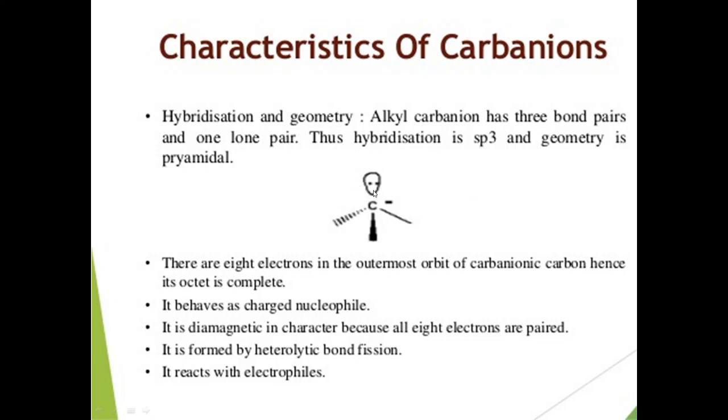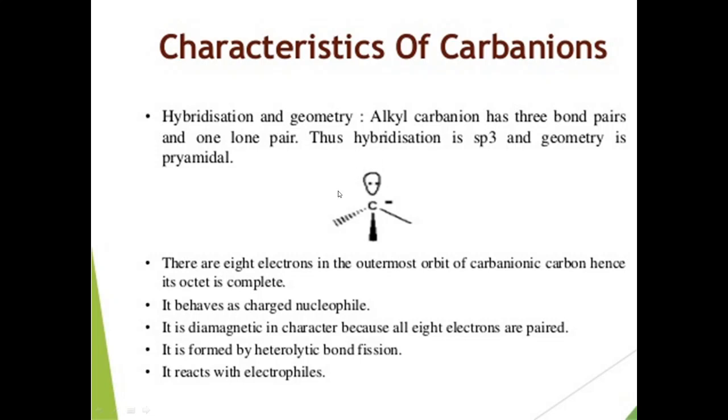Because of this unshared pair of electrons, it bears a negative charge and hence it behaves as a nucleophile. As we know, all these electrons are paired, not unpaired. This unshared pair of electrons is a paired electron and the bonded electrons are also paired, hence it is diamagnetic in character.